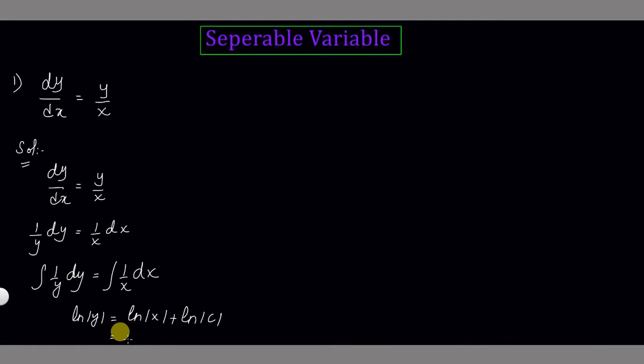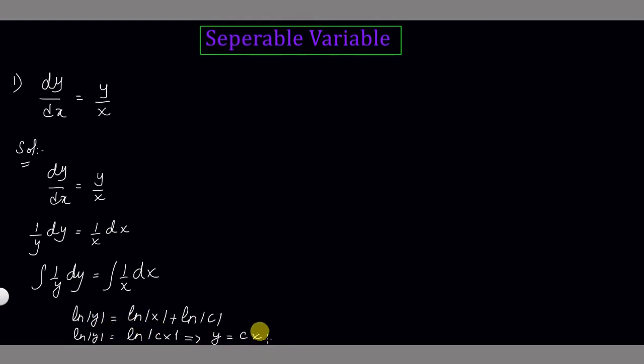Because we know the properties of log, whenever you have an addition sign between them, in general the functions will be multiplied with each other, and then by taking anti-log we will get the final function. The final function will be y is equal to cx.